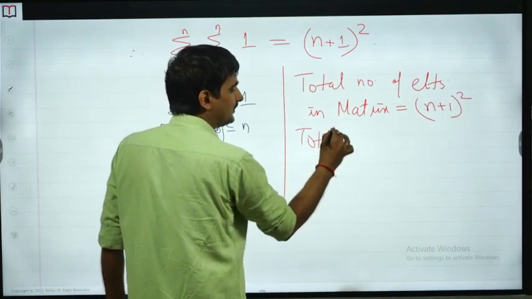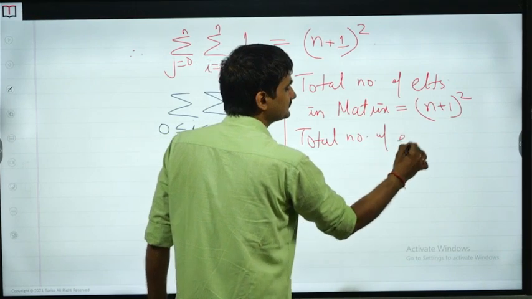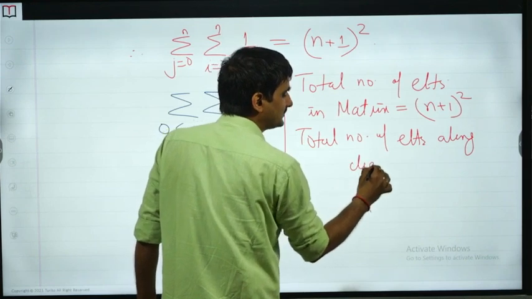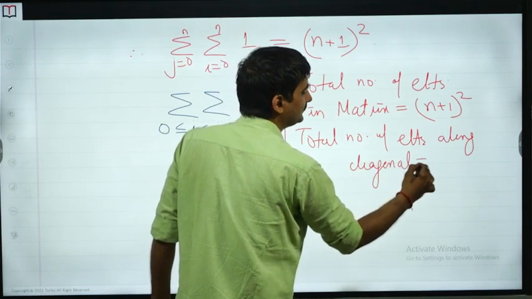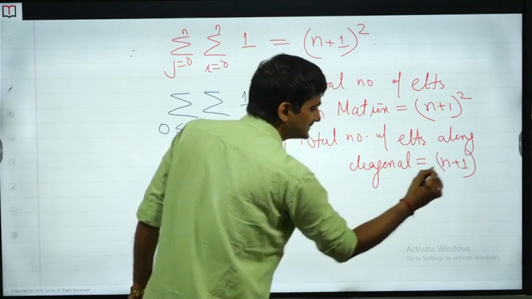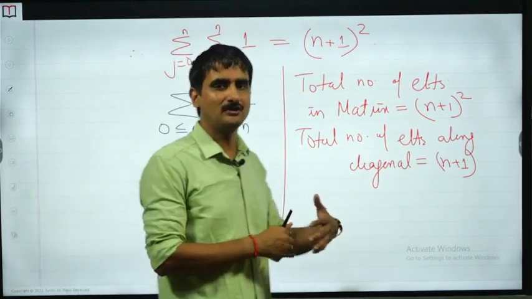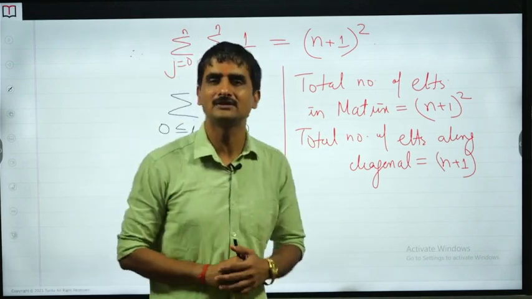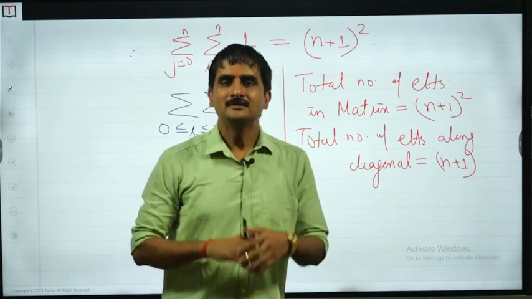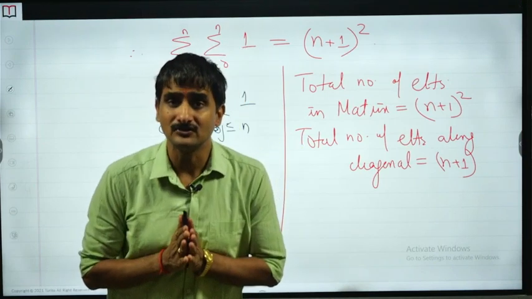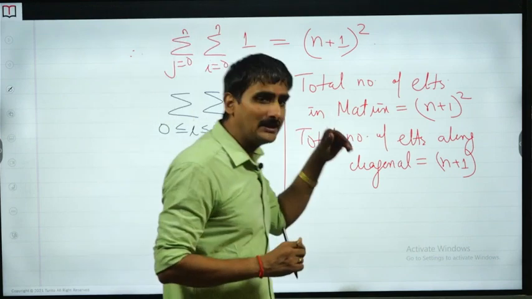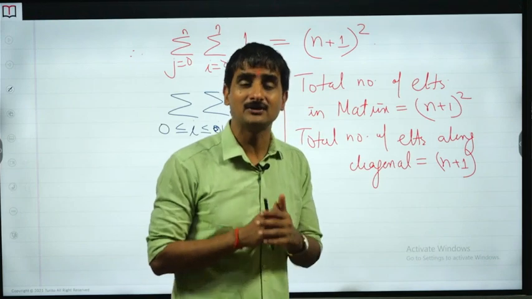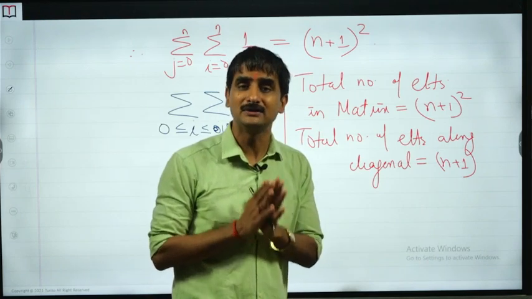The total number of elements along the diagonal: since it's a square matrix, the diagonal will have as many elements as there are in a row or in a column. In a 2 cross 2 matrix, the number of elements along the diagonal is 2. In a 3 cross 3 matrix, the number of elements along the diagonal is 3. So in an n plus 1 cross n plus 1 matrix, the number of elements along the diagonal will be n plus 1.